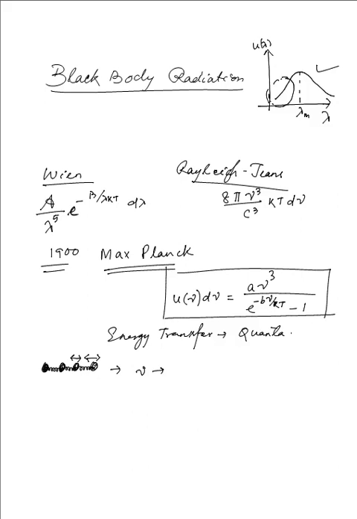Thus the allowed energies were something like this. It was 0 or some integral multiple of h times nu, and then it was 2h nu, and so on.